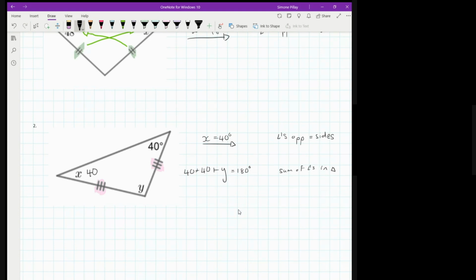Now tell me how you want to solve this. So I'll first solve 40 plus 40, which is equal to 80. Then I'll have 80 plus y is equal to 180. Then I take my 80 to the other side, and y is equal to 180 minus 80.